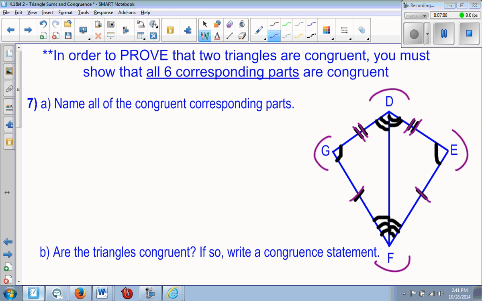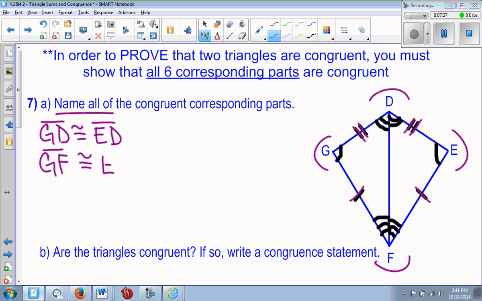So let's go through and list all the corresponding portions first that we already know. Let's start with the side lengths. We said GD in that picture is congruent to ED in that picture. We said GF in that picture is congruent to EF in that picture.